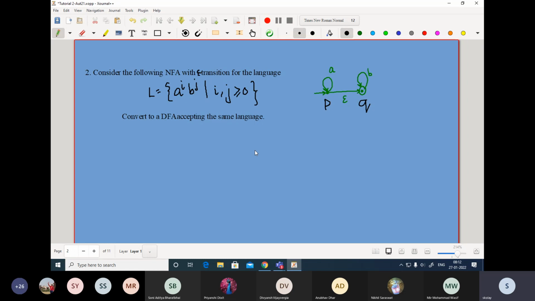So the question is, consider this NFA with one epsilon transition for the language a to the i, b to the j, such that i and j are greater than or equal to 0. So epsilon is also in the language. Now you have to convert it to a DFA that accepts the same language.